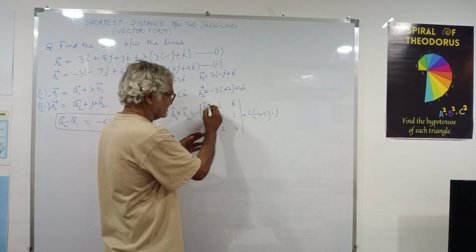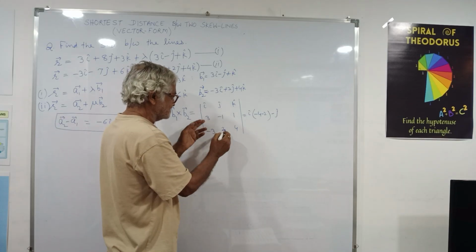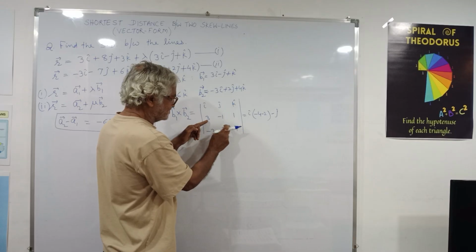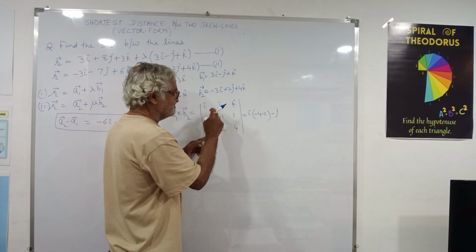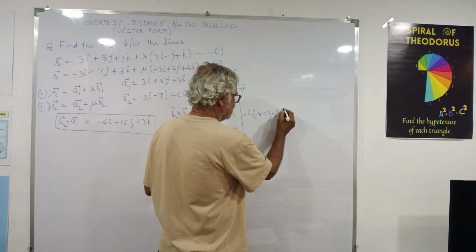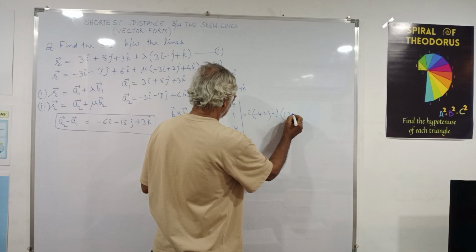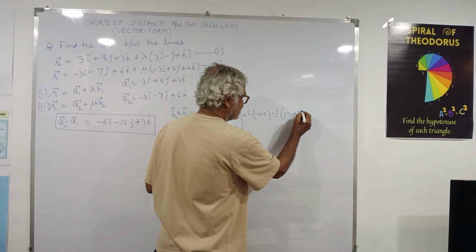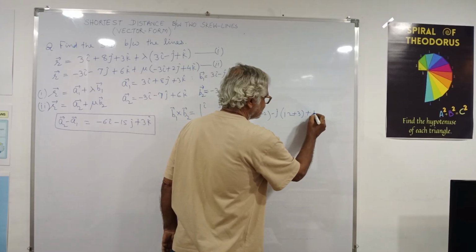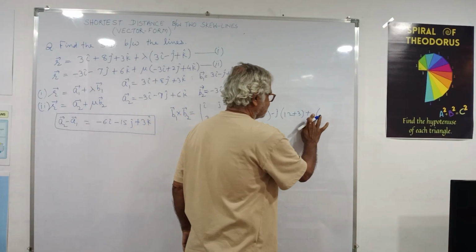suppress the second column and this row. So 12 minus minus 3, so 12 J into 12 minus minus 3, so plus 3, plus K cap.